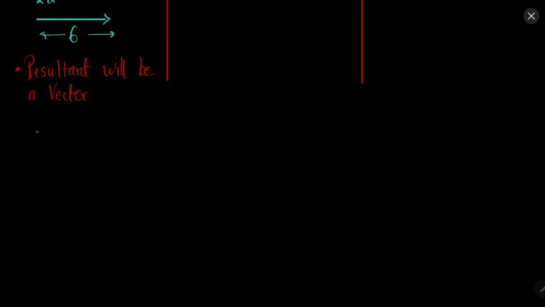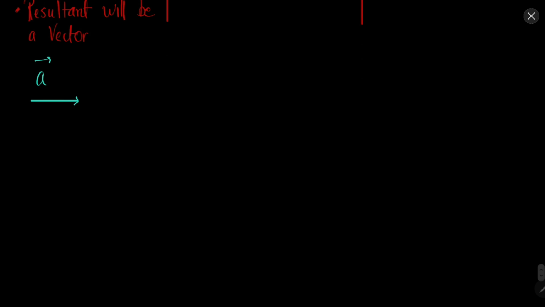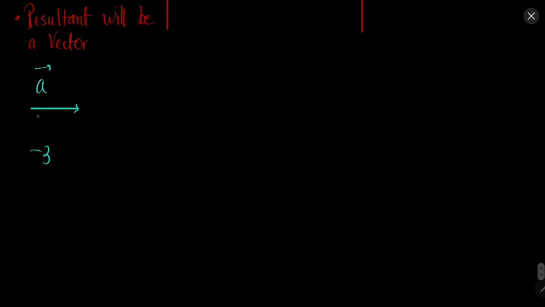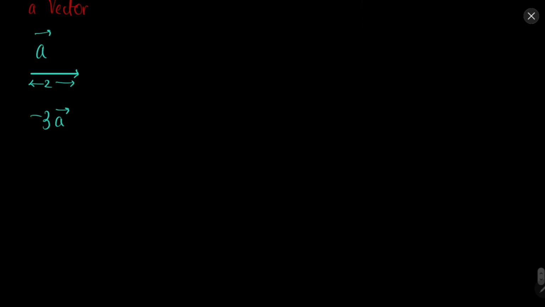Now let's take another example. Let's say again we had this vector a. Now I multiply this vector with, let's say, minus 3. Let's say the magnitude of this was 2. So what will happen here? First, the direction will change, so the direction will now be in this particular orientation. And the magnitude will become 3 times.